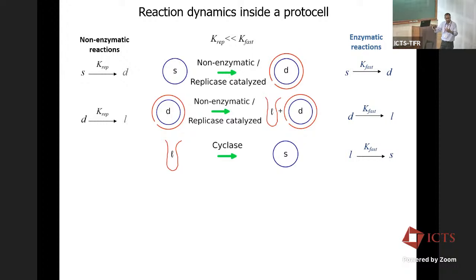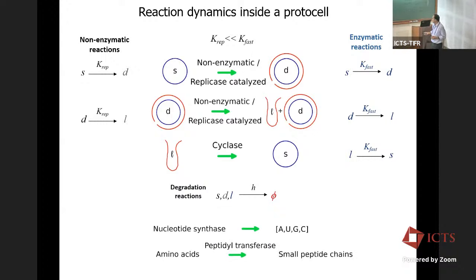So that's the idea behind the increase in functional diversity over time as we increase the chances of replication of sequences inside these protocells. And there's also a degradation process that we took into account, which accounts for the fact that each of these types of sequences can degrade and break up into individual monomers.